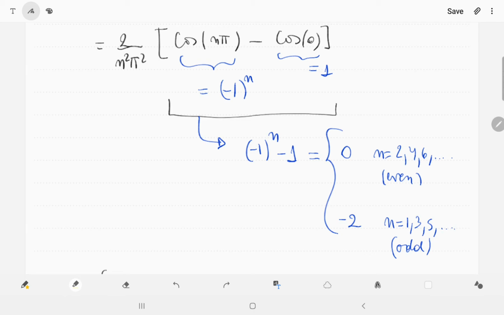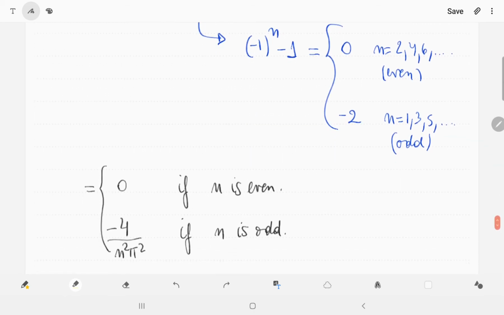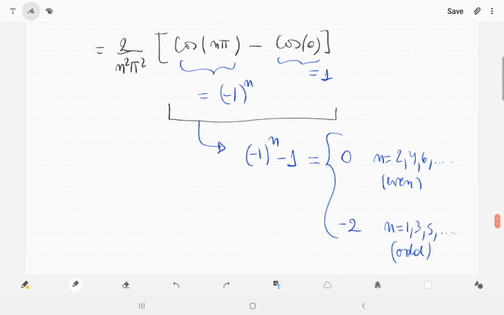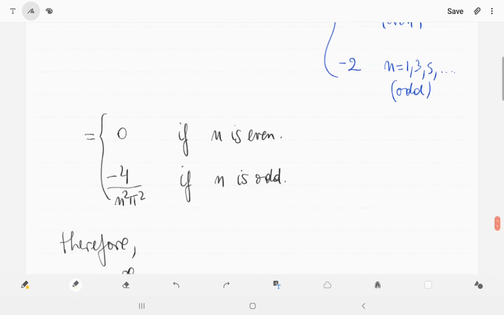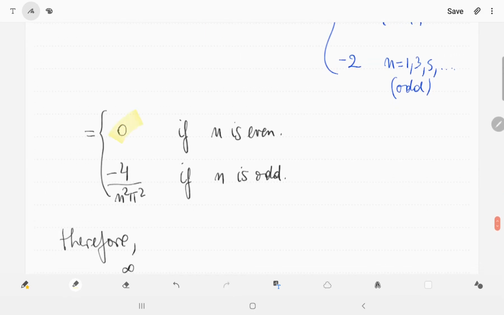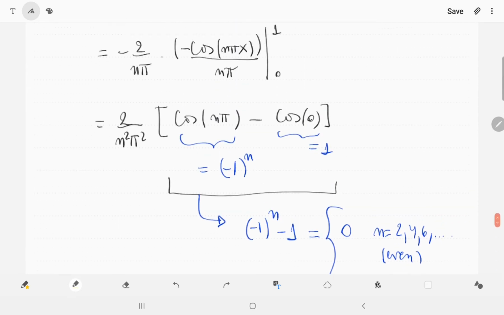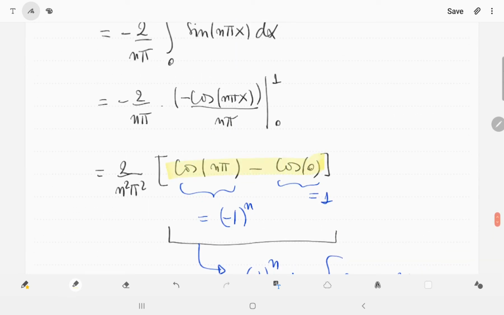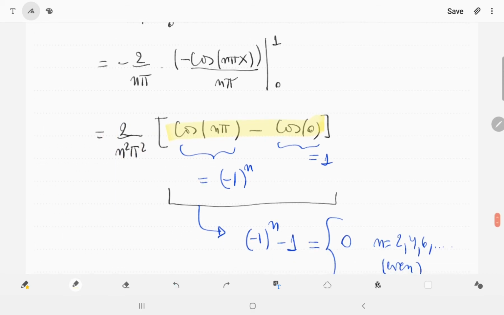Going back to the computation of the coefficient an, what we get is 0 when n is even, and -4 over n squared pi squared if n is odd, because we get a -2 from this part, and we already had this 2 over n squared pi squared there.